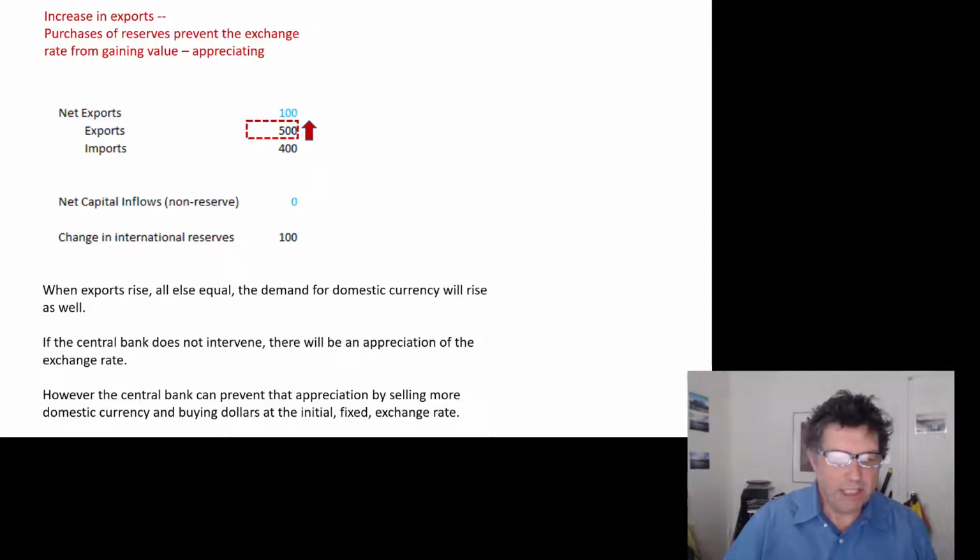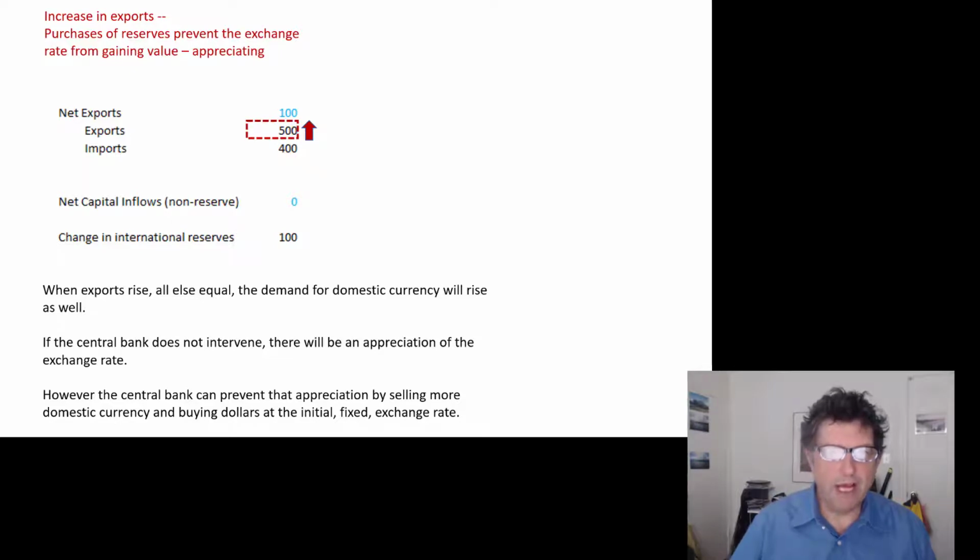If the central bank does not intervene, yes, there will be an appreciation in the exchange rate, but the central bank can prevent the appreciation by selling even more domestic currency and buying those dollars once again at that initial fixed exchange rate. So once again, by stepping in and in this case buying dollars and selling domestic currency, it's managing to prevent the exchange rate from appreciating.